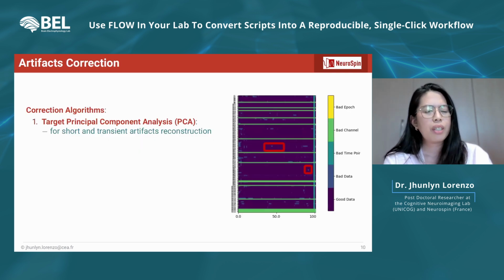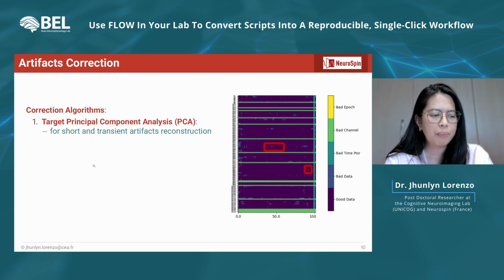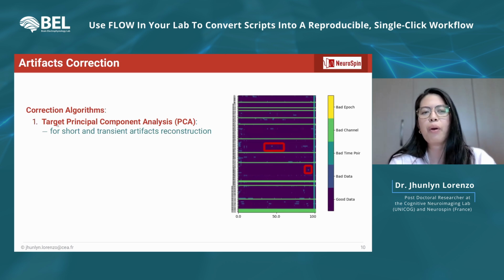After detection, we perform artifact correction, which follows these steps. First, we perform a targeted principal component analysis, or PCA, to reconstruct those short and transient artifacts.